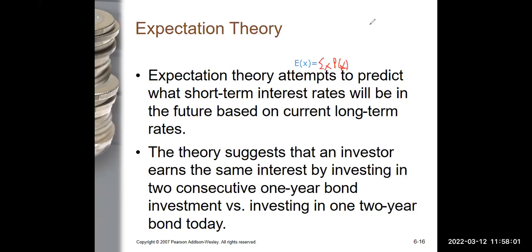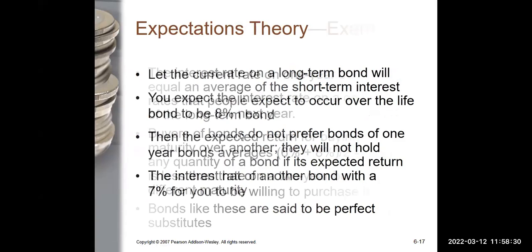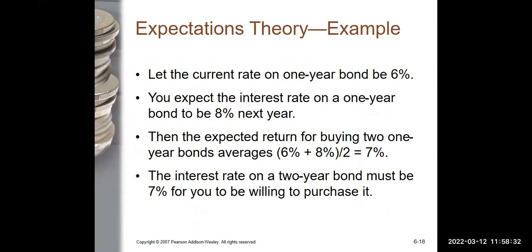And how does this work? Say, for example, the expectations theory attempts to predict what short-term interest rates will be in the future based on the current long-term rates. The theory suggests that an investor earns the same interest by investing in two consecutive one-year bond investments versus investing in one 2-year bond today. Now look at this example. Suppose the current rate on a 1-year bond is 6%.